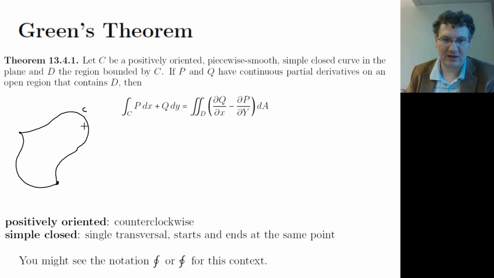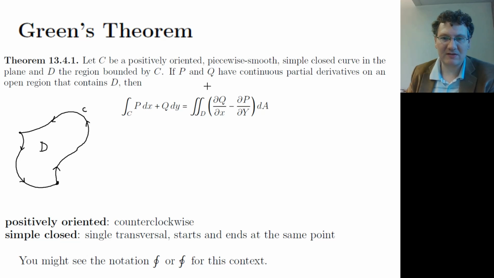Simple closed, we've talked about simple closed, no holes, and positively oriented, which means that the curve is oriented in a counterclockwise fashion. This is the direction that the curve is going, and D is the region that's bounded by C.